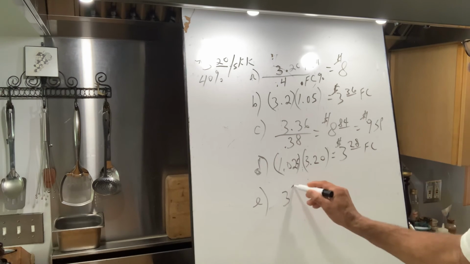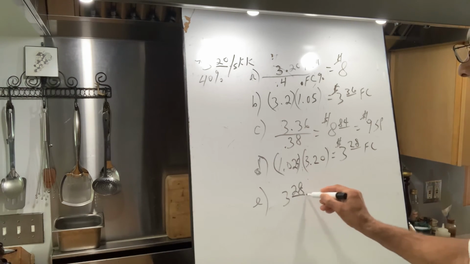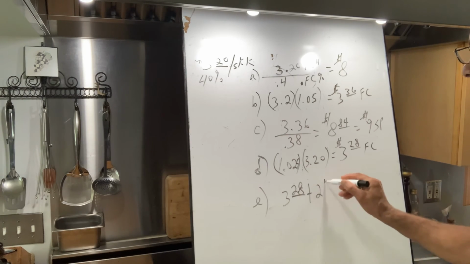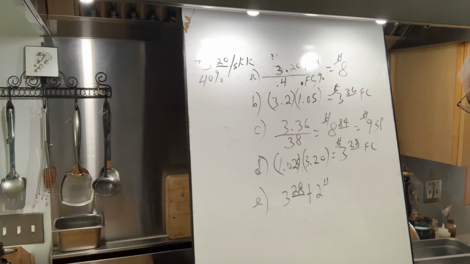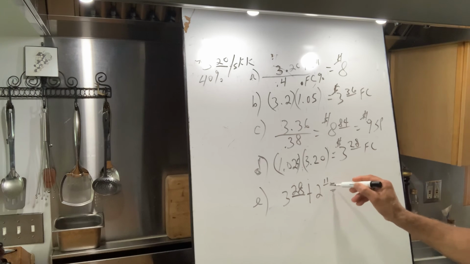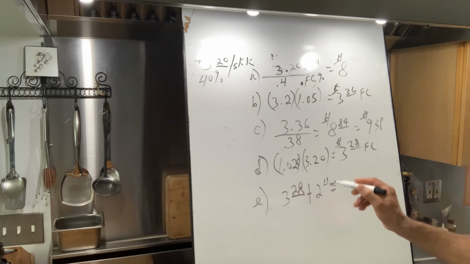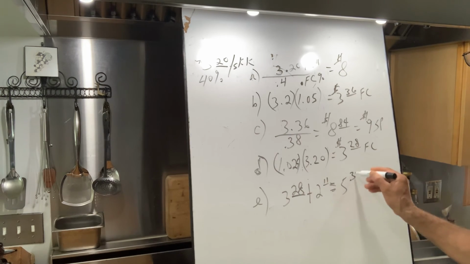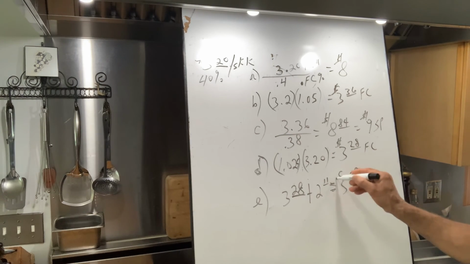So 3.28, plus the 2.11, which is the new cost because it's 6 months. That would be the total cost of the banquet menu items. 2.11 and 3.28 is 5.39.